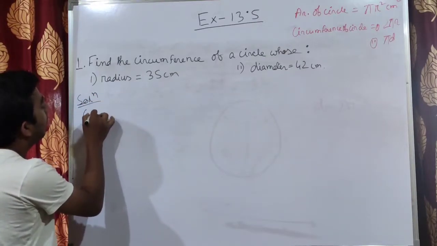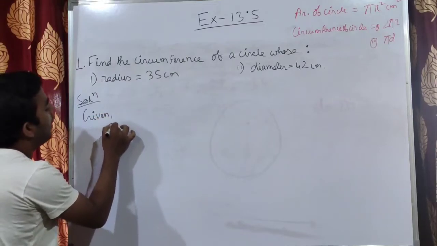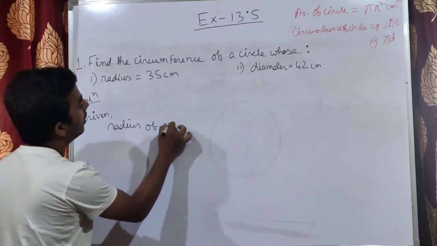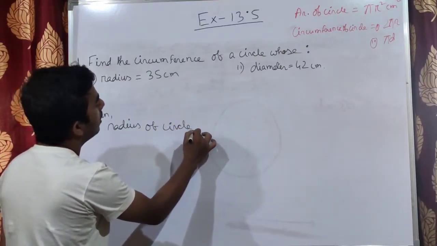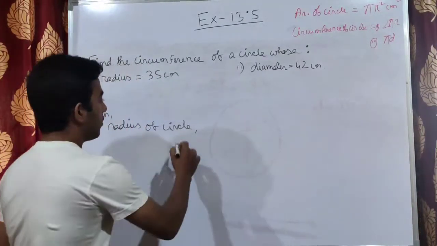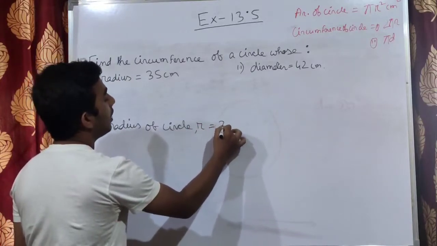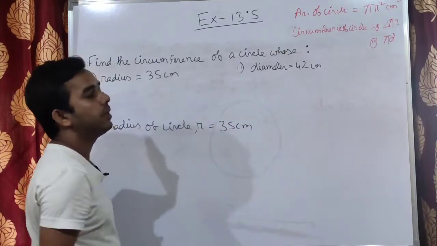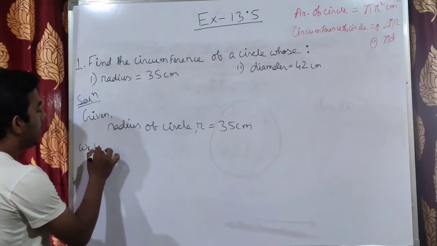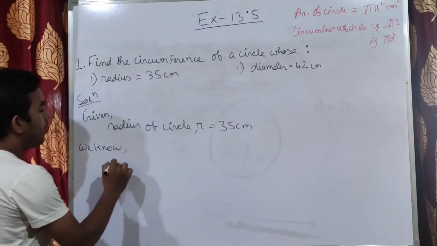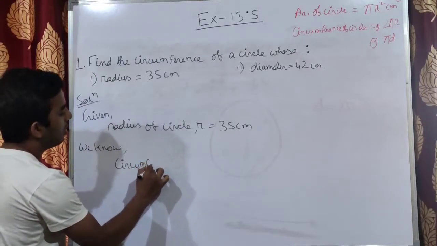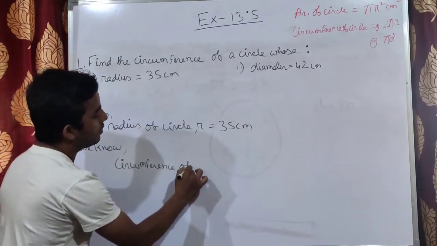Then given radius of circle. We denote radius with r. So radius of circle r equals 35 centimeter, right? Next, we know circumference of circle.